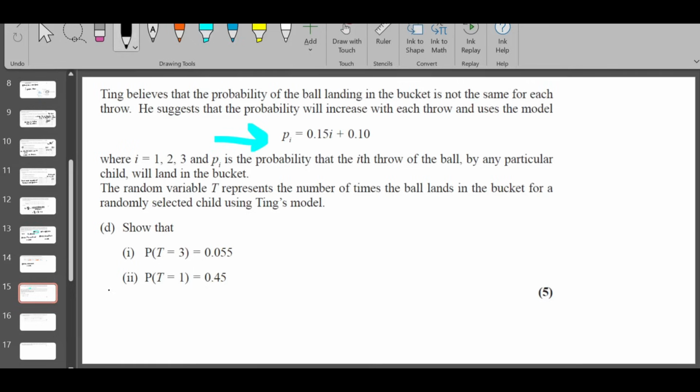That means for P1 it's 0.15 times 1 plus 0.10. For P2, 0.15 times 2 plus 0.10. For P3, 0.15 times 3 plus 0.10.